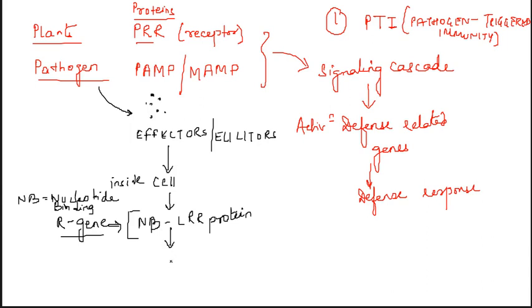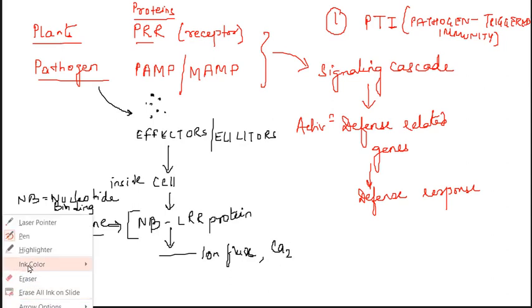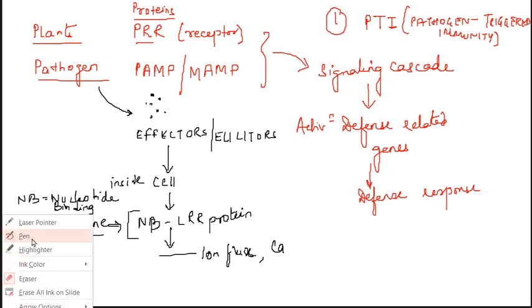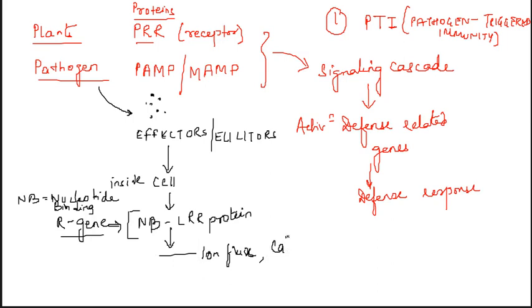Among them is a change in ion flux, which causes Ca2+ to enter in. And there are several others I'll show you. Ca2+ entering in results in the formation of reactive oxygen species.